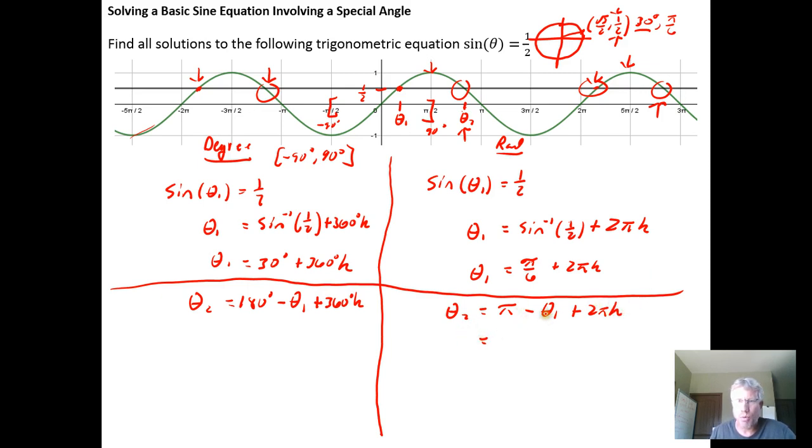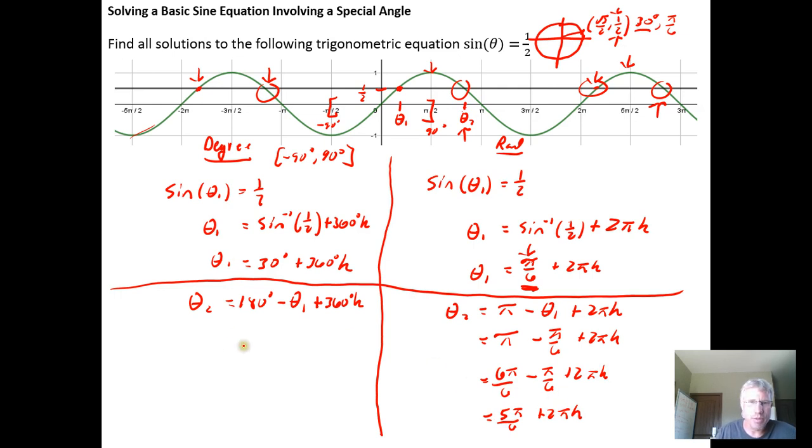And then we would say, hey, what is theta 1? Well, theta 1 is this pi over 6 angle, so we get pi minus theta 1, but theta 1 is pi over 6, plus the 2 pi k, and then we would get a common denominator, giving us 5 pi over 6 plus 2 pi k.